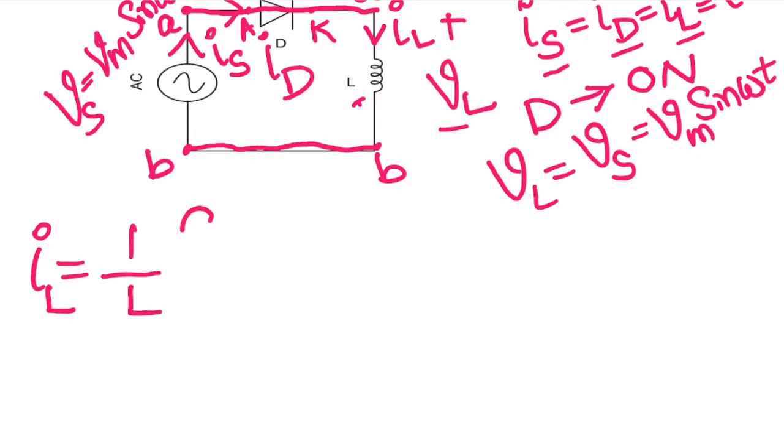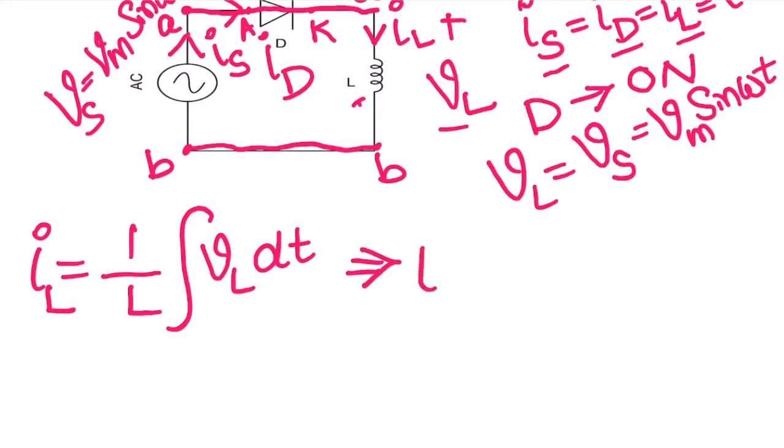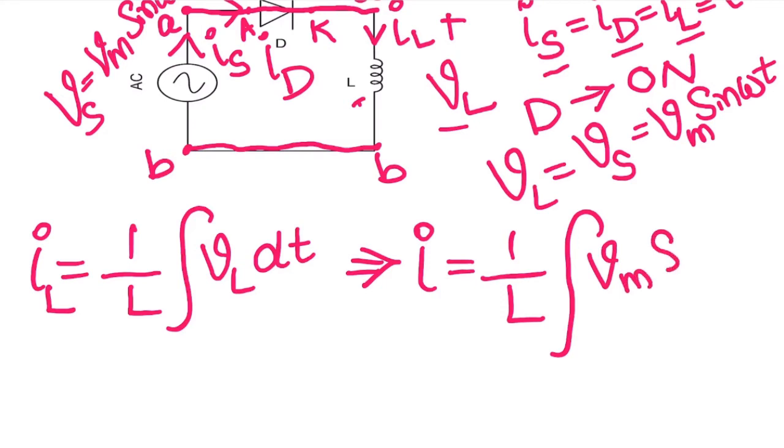IL is equal to 1 by L integration VL into dt. IL can be represented by I, that is equal to 1 by L integration of VL, which is Vm sine omega t, dt.